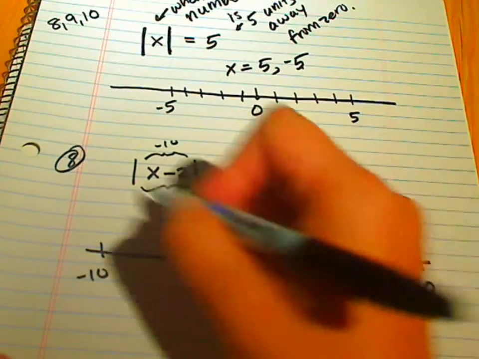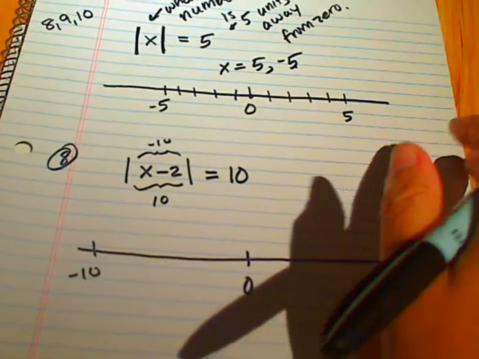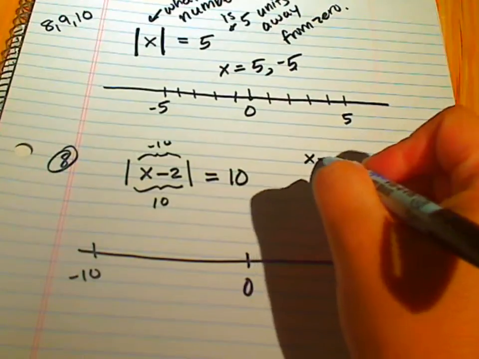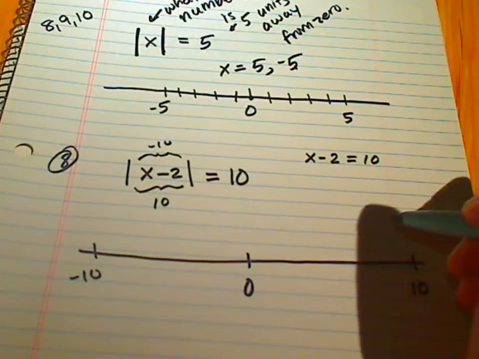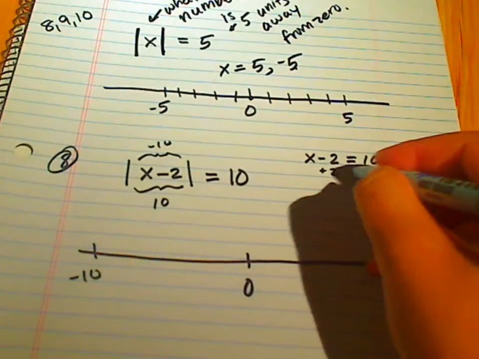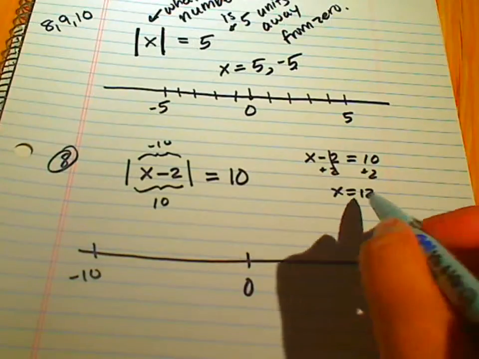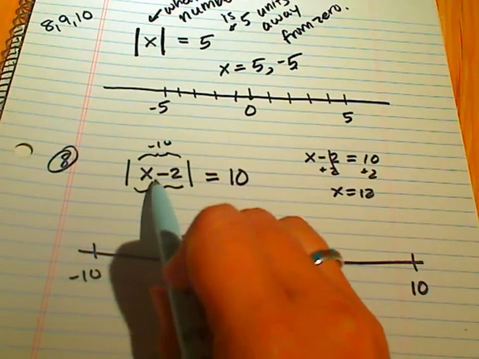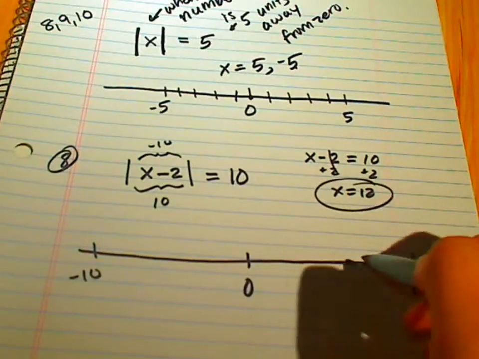So when you set this up, you need to set up 2 problems. I could go x minus 2 equals 10, so there's a number on that side that when I do the absolute value, I'm going to get positive 10. If I plug this in, x is 12, and 12 minus 2 is positive 10. Absolute value is 10. That checks. So here's one solution.